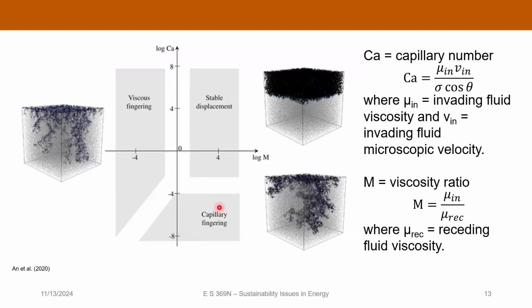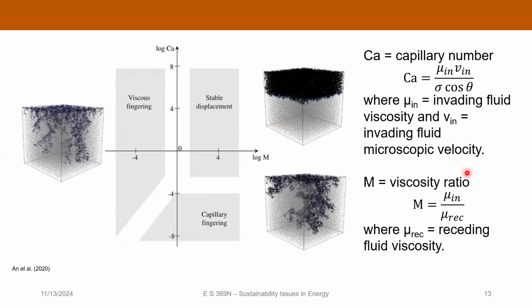And we can visualize that on this diagram. This is called a Lenormand diagram. It's named after a French petrophysicist who came up with this. And what we do is we take on the x-axis the logarithm of the viscosity ratio. So this is for looking at how fluids behave when you inject them into a rock that contains a different fluid.